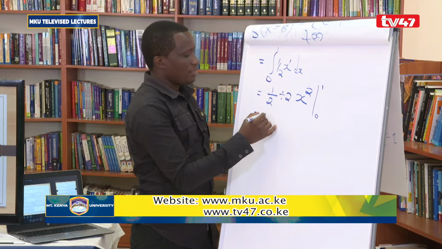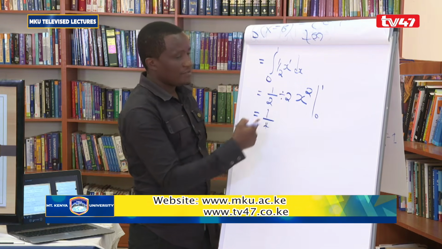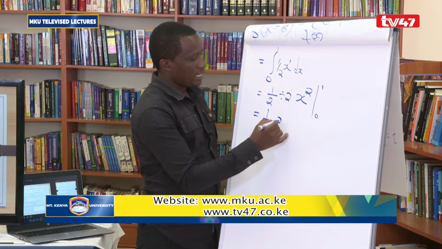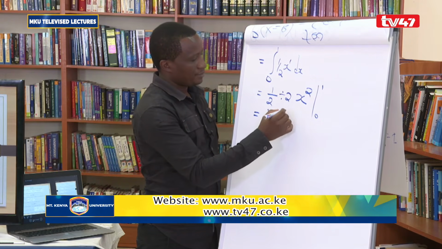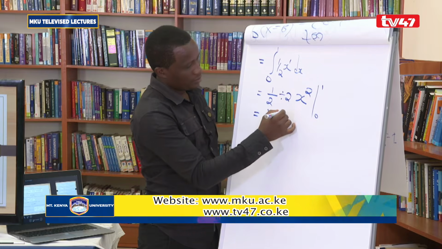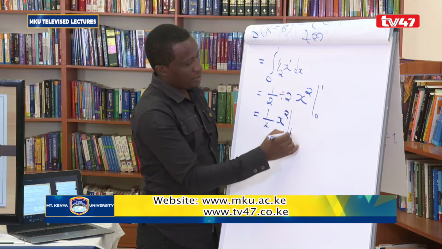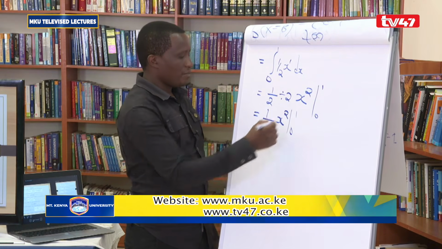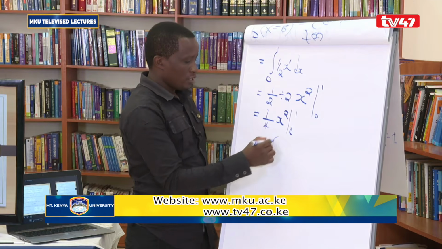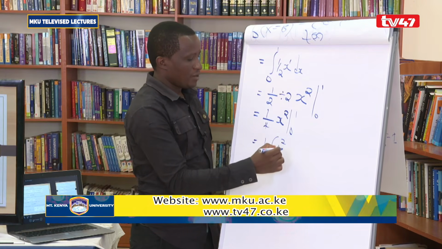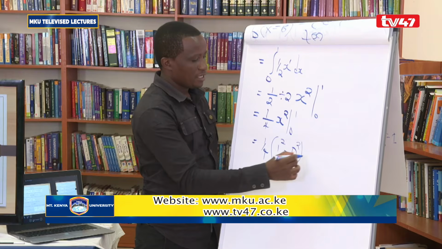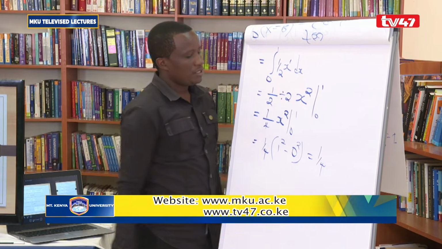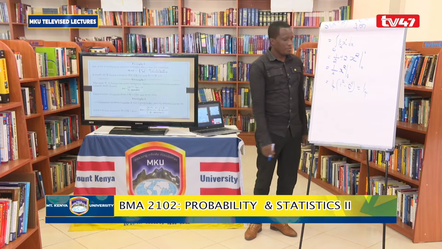So this will mean 1 over 4, because we are dividing a half by 2, then x squared, limits 0, 1. So we start with the upper limit, so 1 over 4. Then if I put 1, I have 1 squared. If I put 0, I get 0 squared. So it's actually a quarter, which is in the interval 0, 1. Hence it qualifies as a PDF.